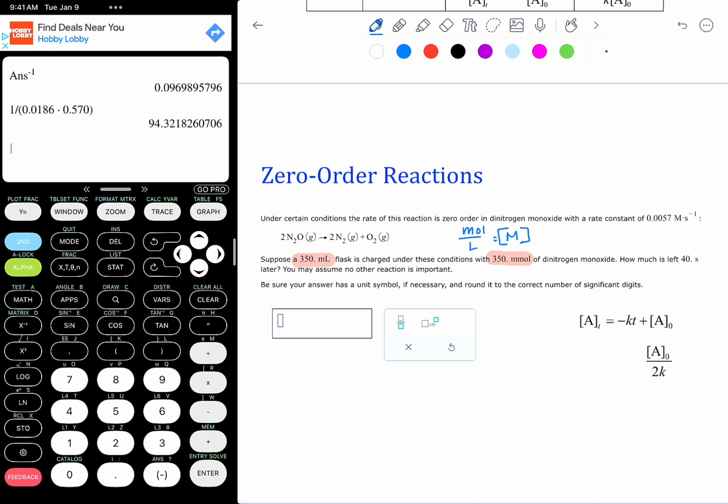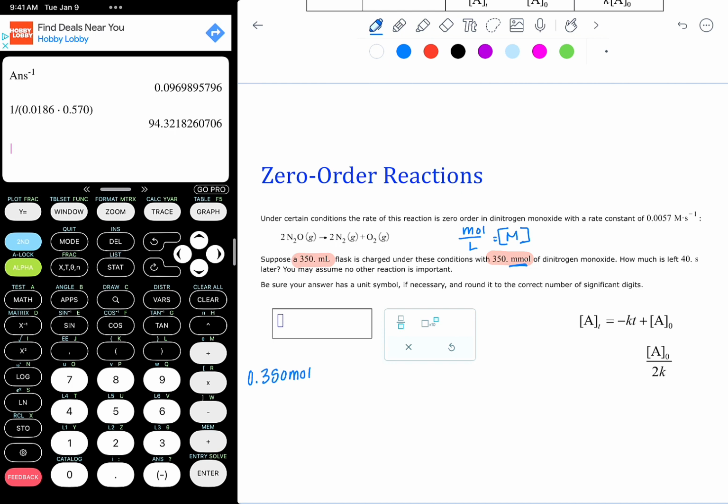So we're going to do moles over liters, so that would be 0.350 moles. For some reason, Alex likes to give millimoles sometimes. So just make sure that you're converting those. It's not a typo that there's two m's, it actually is millimoles.